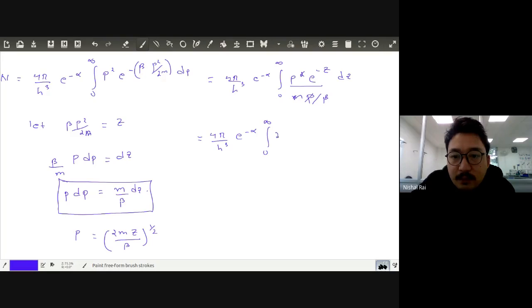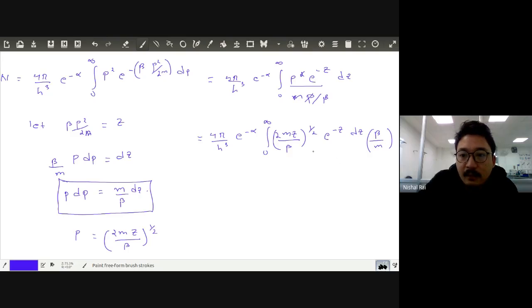Let's substitute this, 2mz divided by beta to the power half, and e to the power negative z dz. Beta will come over here, so let's write beta over here and m over here for the time being. So you'll end up with 4 pi h cube e to the power negative alpha.